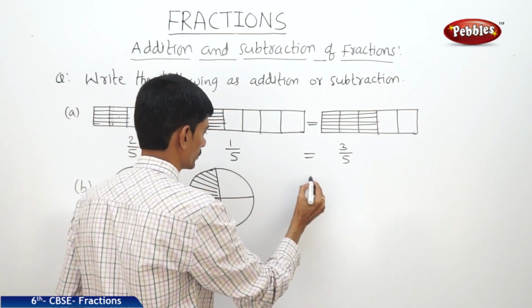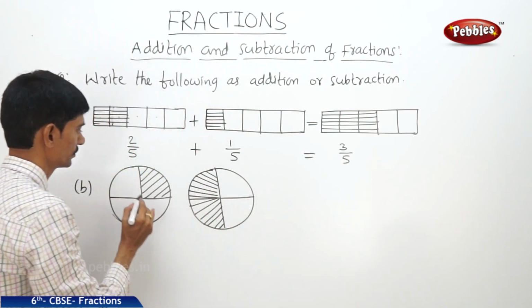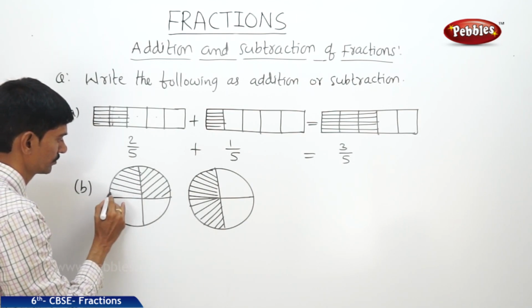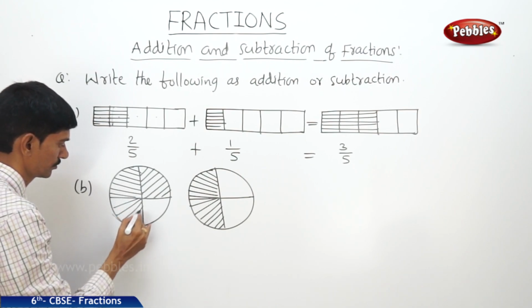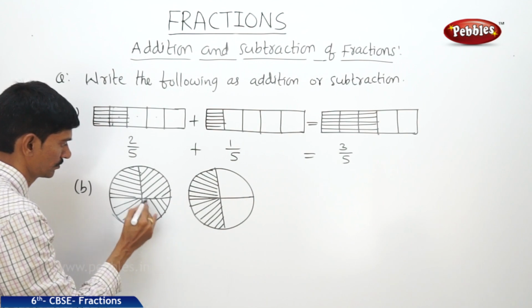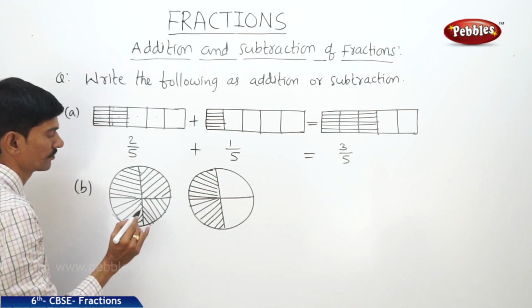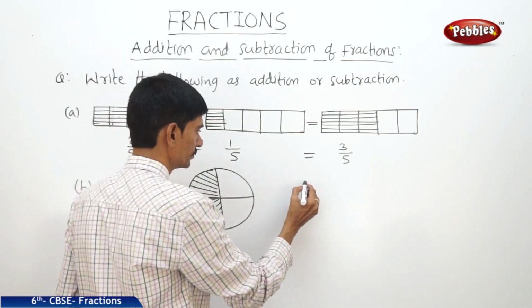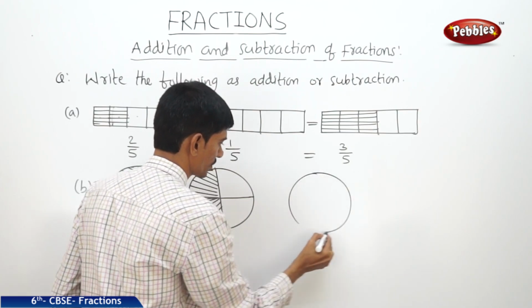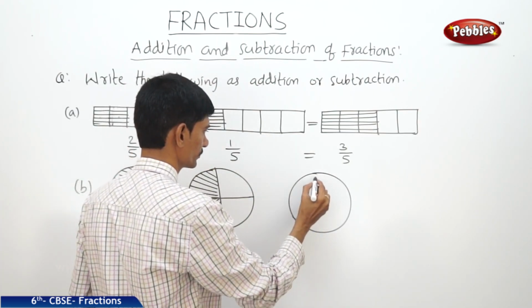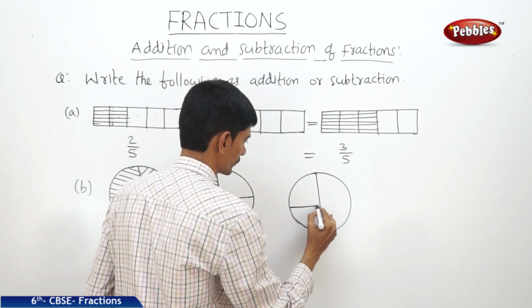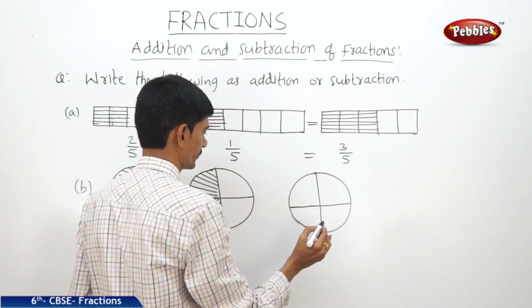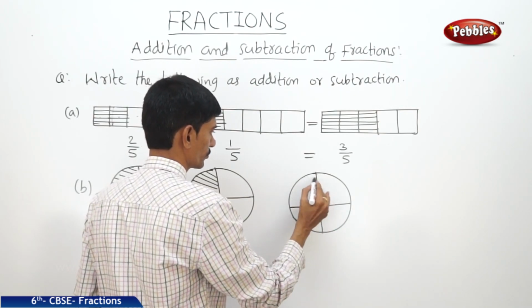Now in the first circle all the 4 parts are shaded. In the second circle 2 parts are shaded. In the third circle two parts are shaded.